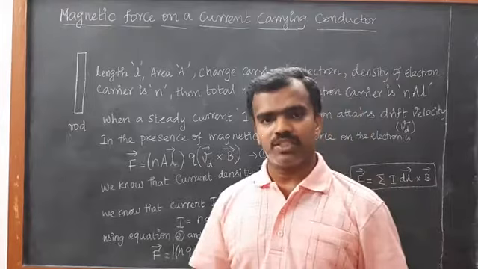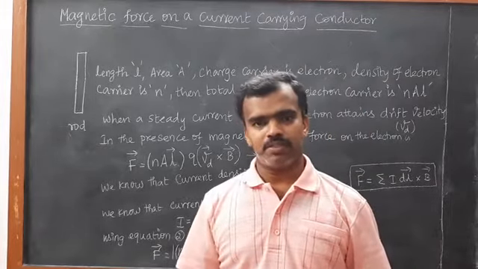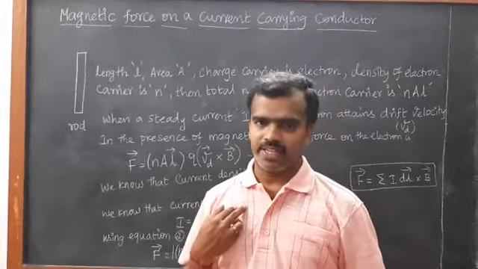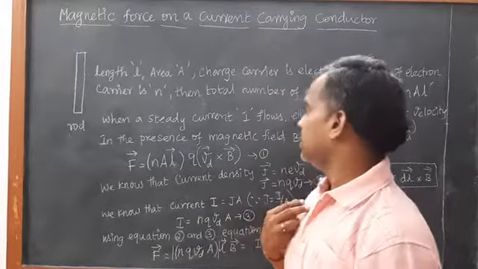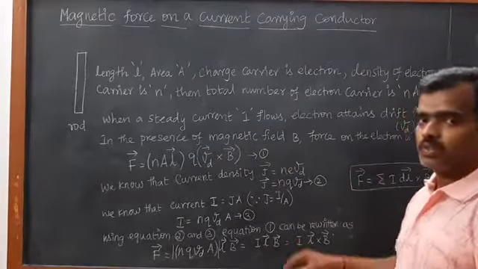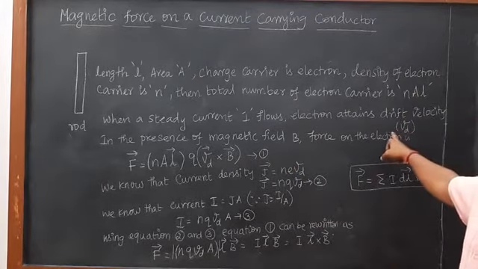What is drift velocity? We studied it in the previous chapters: the average velocity attained by the electron. The drift velocity is v suffix d.